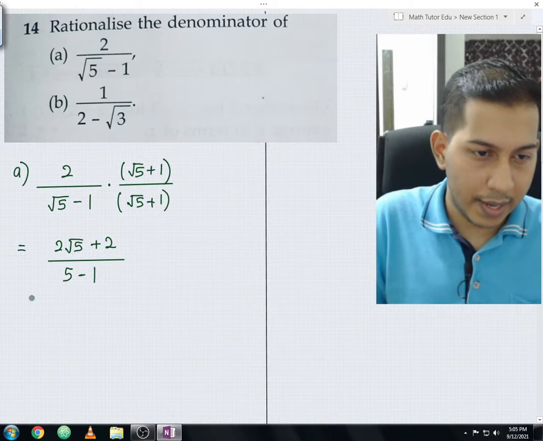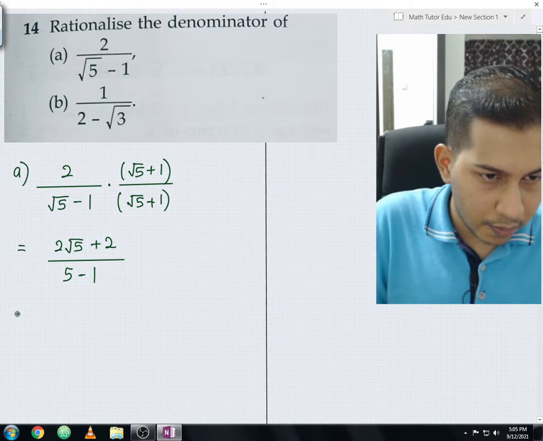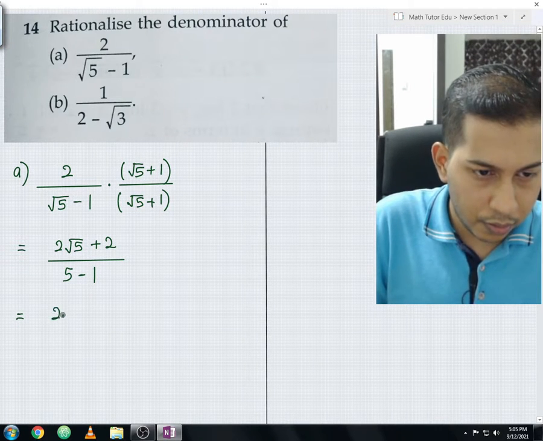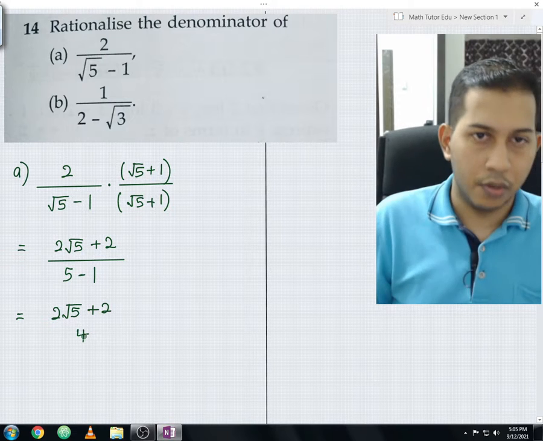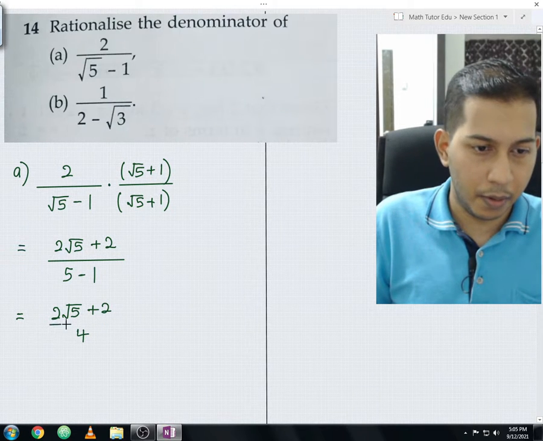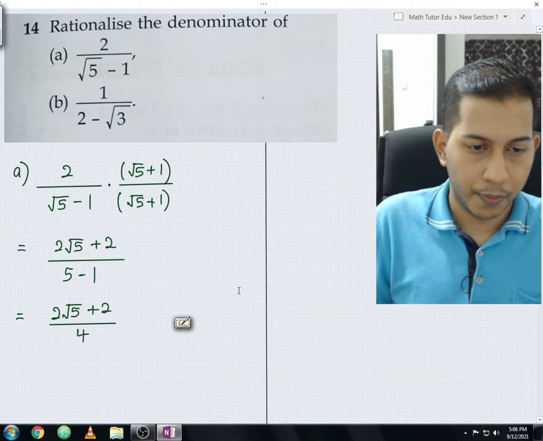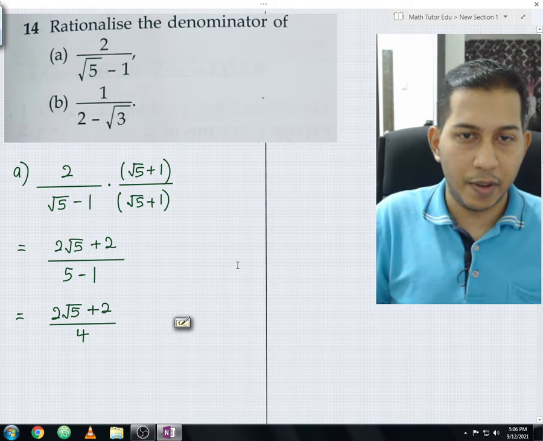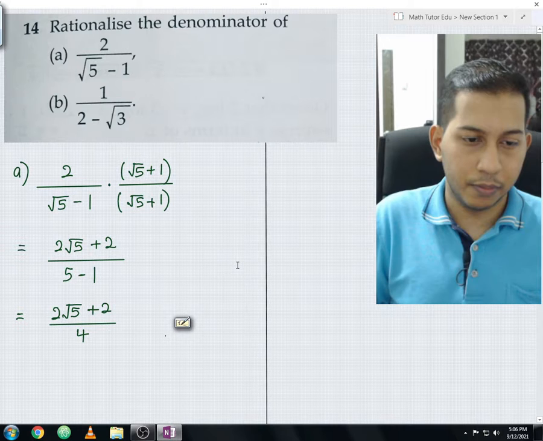Okay, so from here let us continue our working. So from here you get 2 square root 5 plus 2 over 4. Okay, so let me underline the fraction. For the next step, we're going to factor out the 2.